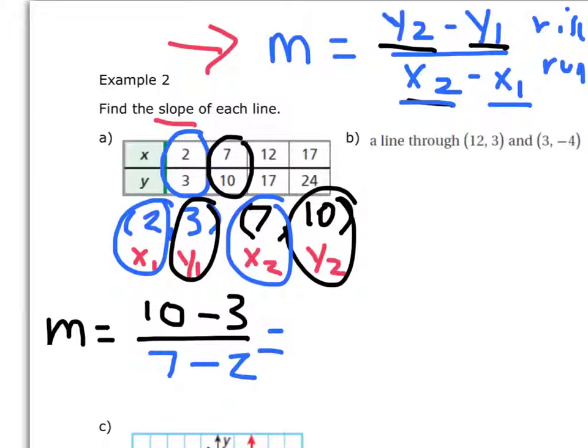Now I just need to do the arithmetic. 10 minus 3 is 7, all over 7 minus 2 is 5. So the slope of this line is 7/5.